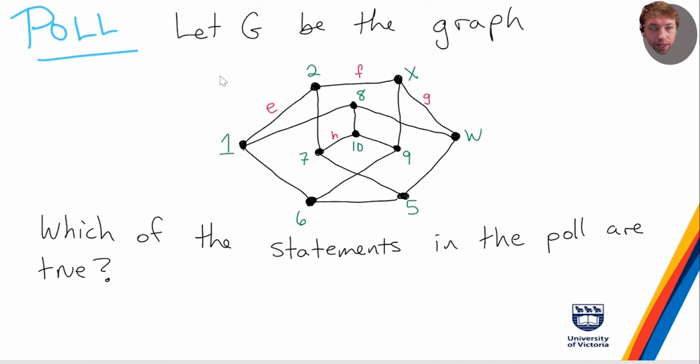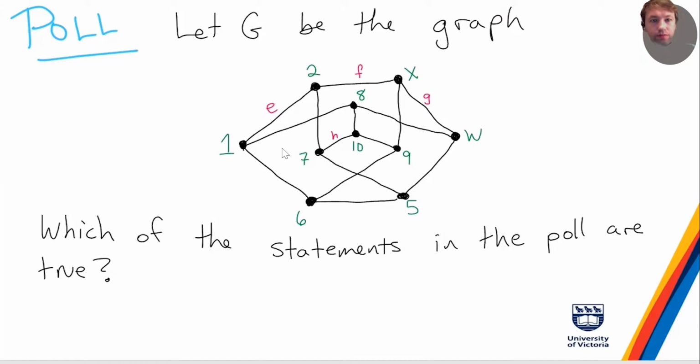So is 1 adjacent to 6? Is X 9 in E of G? And so on. If there are any questions about any of these, please let me know. Are you able to see the poll right now? Oh, okay, we've got some answers coming in. I'd better check whether I know which of these are true.